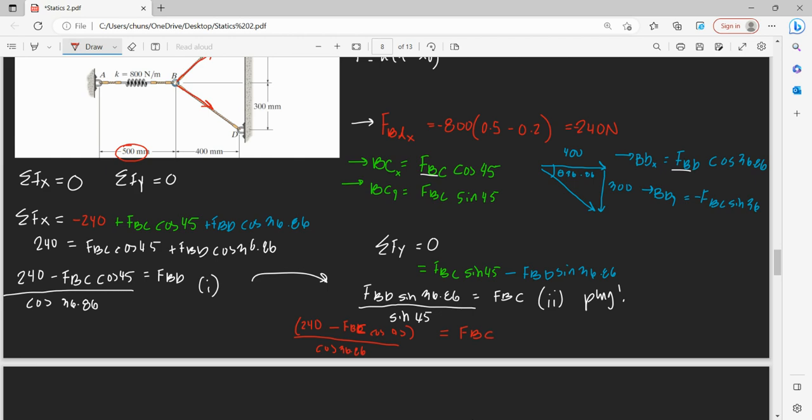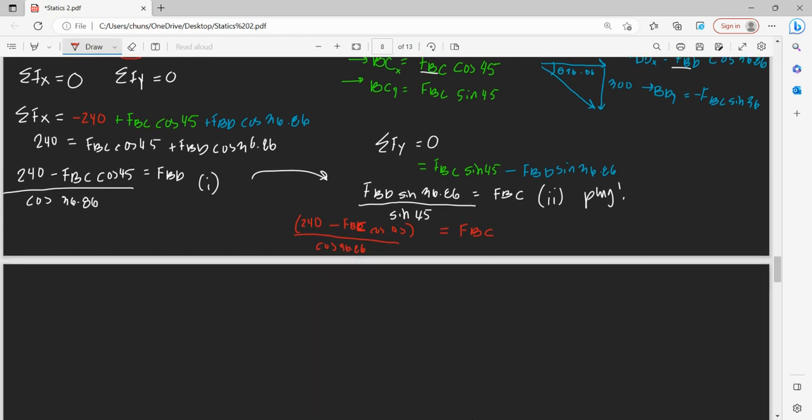I'm going to rewrite this so it's more clear. That's subbing in for that value.